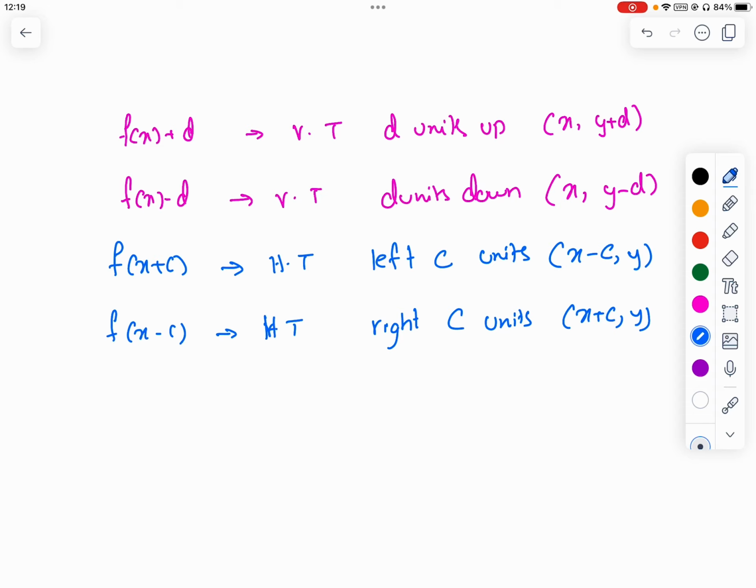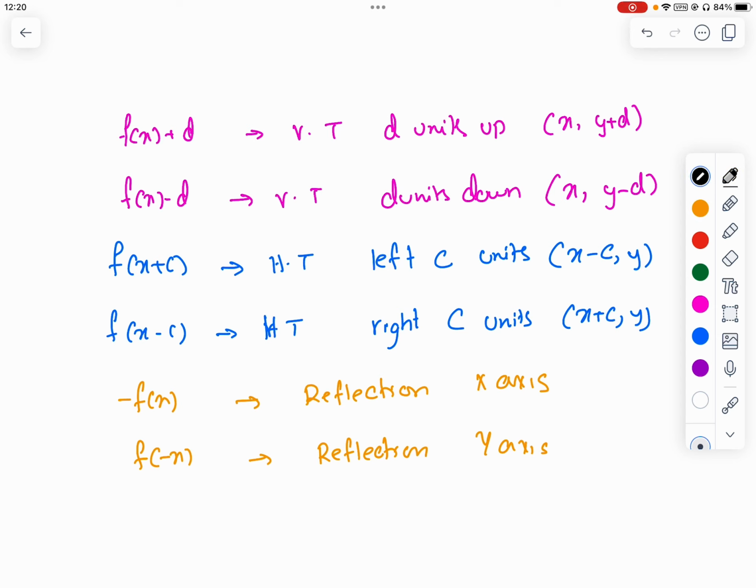Next is minus f of x. Minus f of x is nothing but reflection on the x-axis. F of minus x will become reflection on the y-axis.